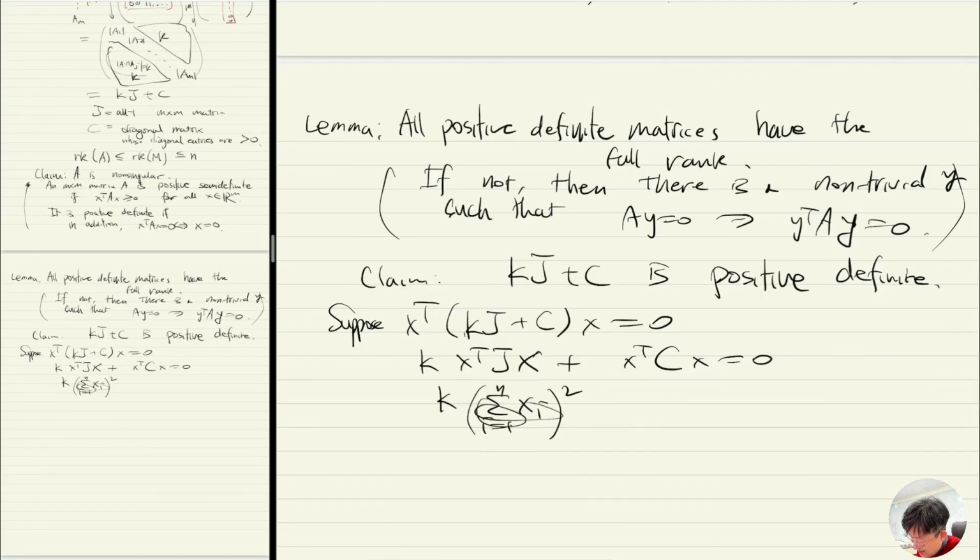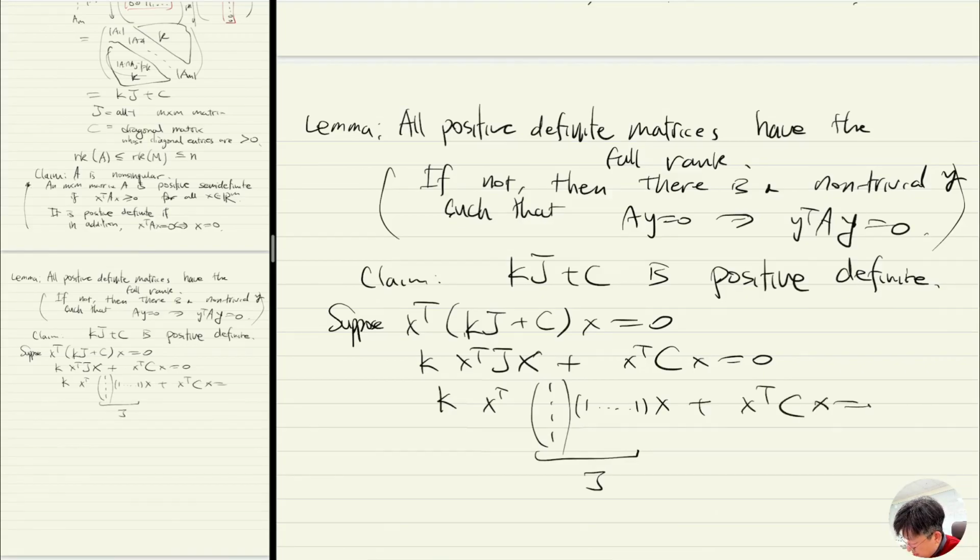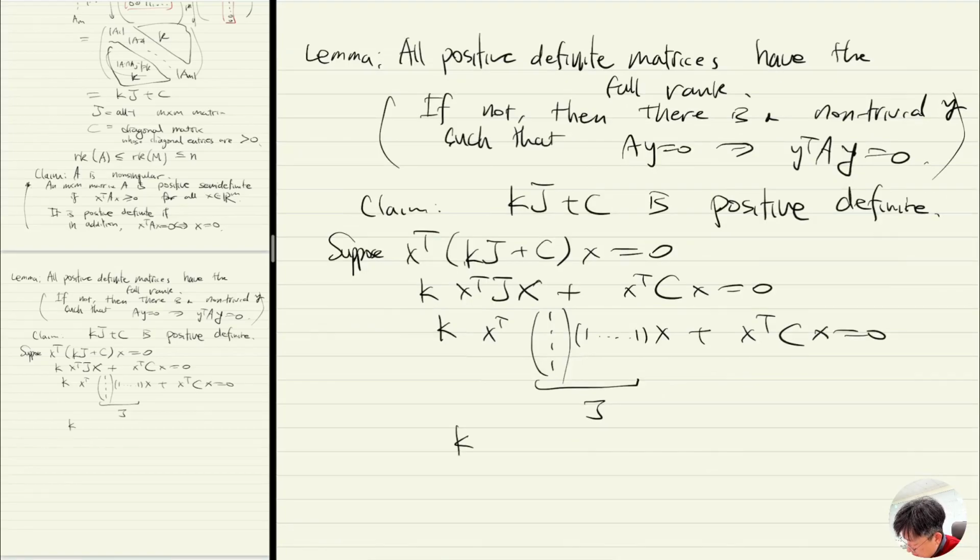Is it clear? Maybe I can say the following. So this is actually J, and then you can look at this part, that's actually the sum of the coordinates. So the sum of the coordinates squared plus X transpose CX. That's going to be the sum of ci xi squared.